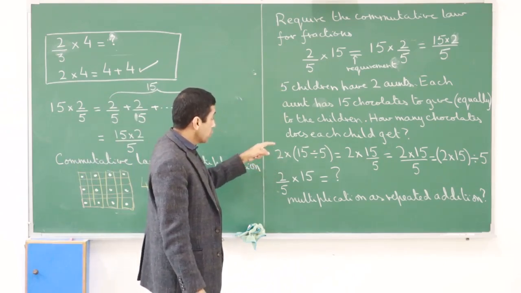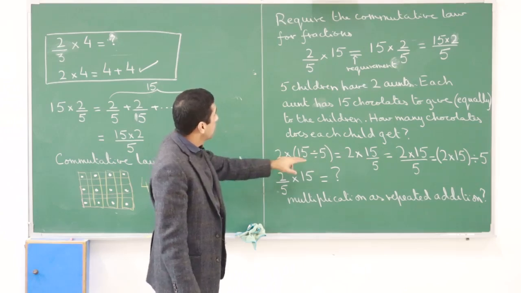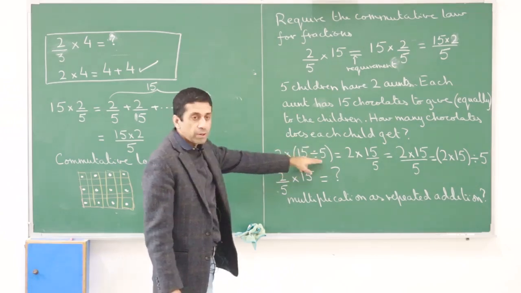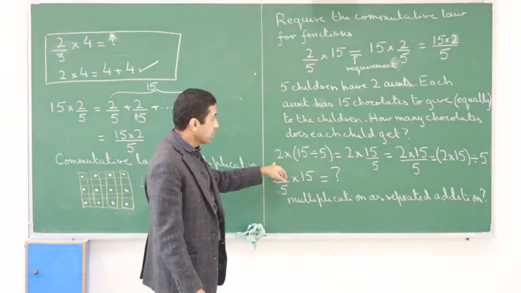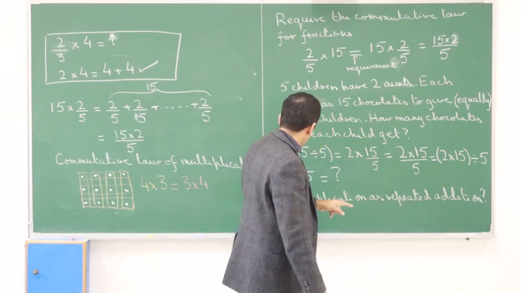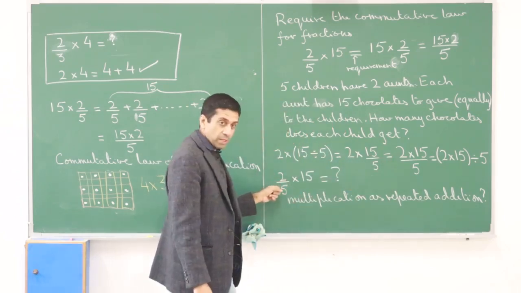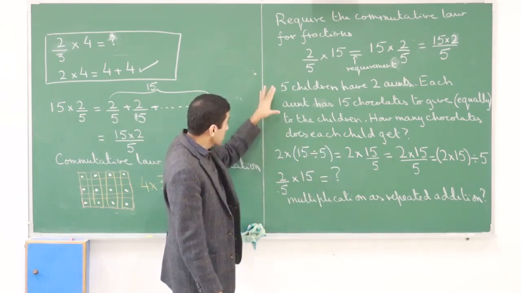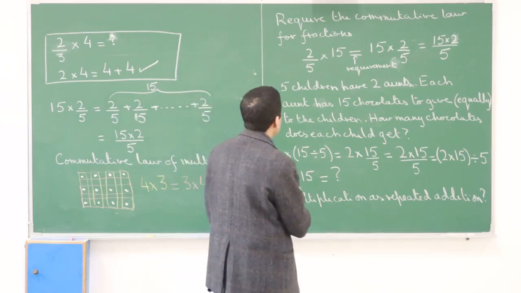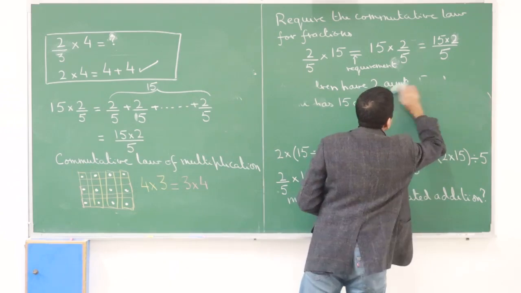We had 2 aunts, and each one had 15 chocolates, so 15 divided by 5, which was equal to this, which was equal to this, right? Now this turns out to be equal to this, right? So I'm going to erase this part of the board, and now let's come to the real meaning of the whole thing.